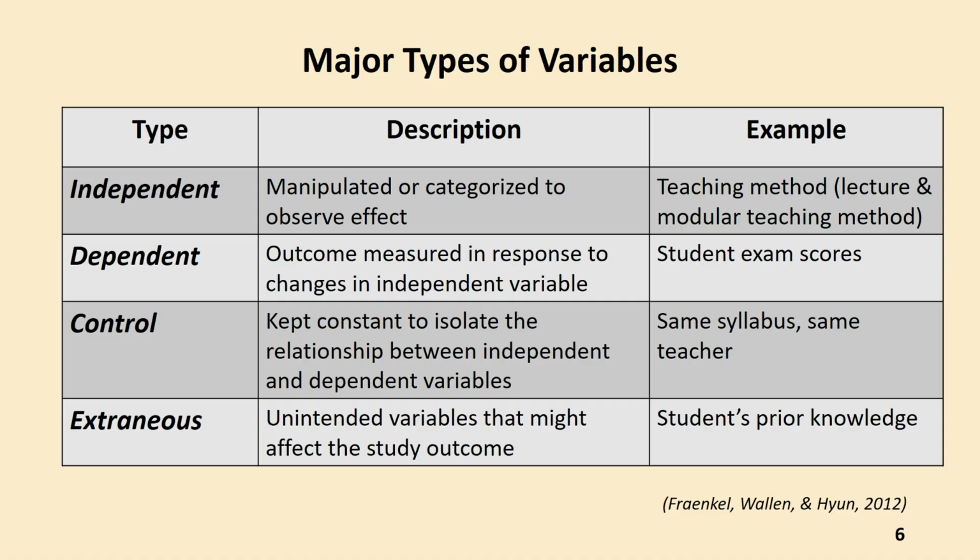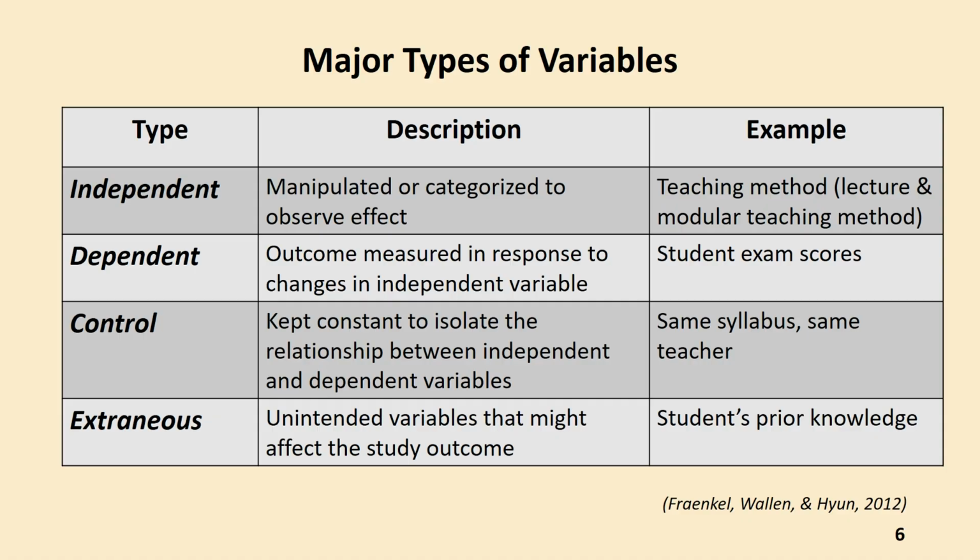Let us see the description. What is independent variable? Manipulated or categorized to observe effect. Very important. Any variable with the help of which we are observing the effect, or which has some effect on some other variable, is called an independent variable.